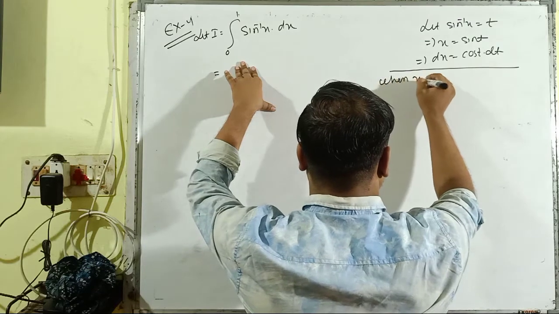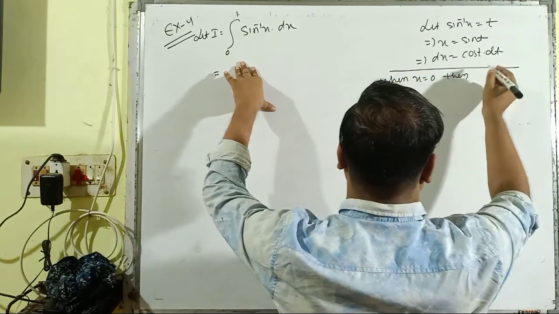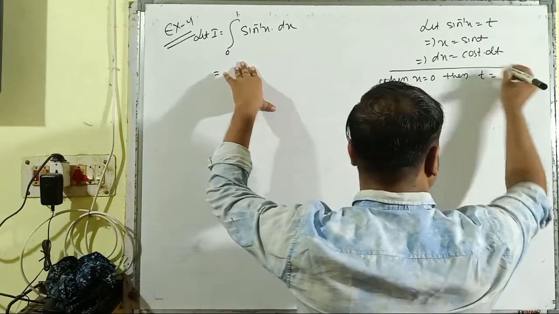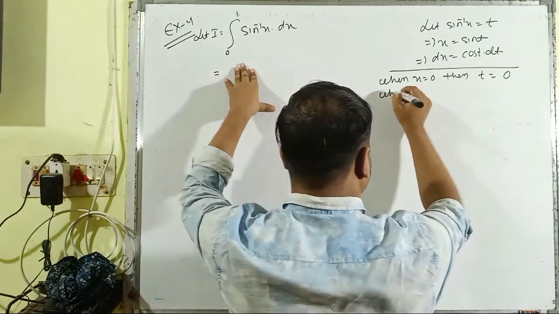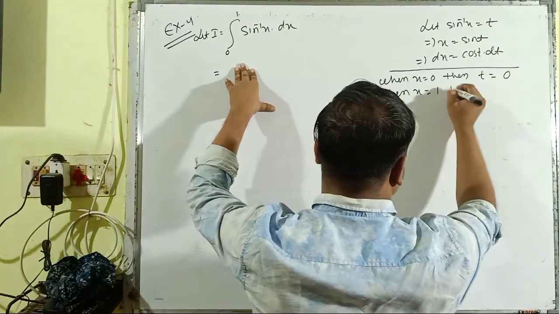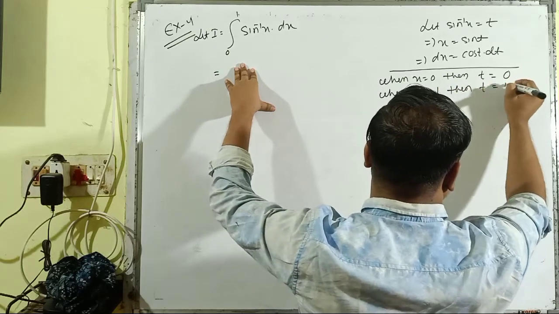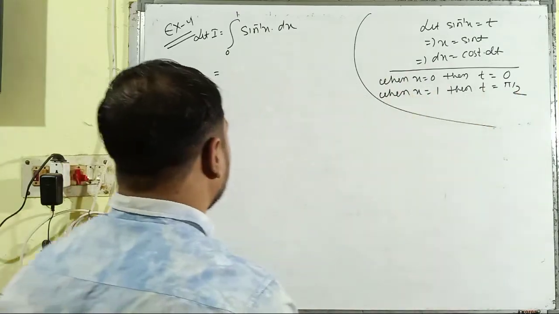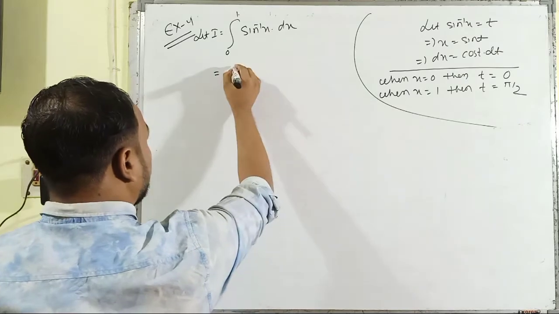When x is equal to 0, then t is again 0 because sin 0 is 0. When x is equal to 1, then t is equal to pi by 2 because sin pi by 2 is 1.